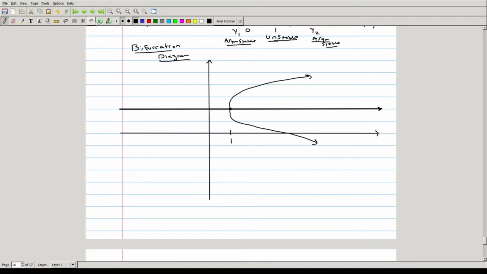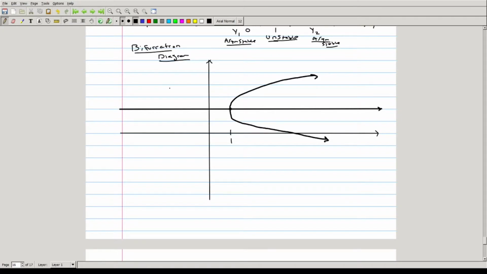Oh, and I should do those in bold so you really see this curve. And this is how the pitchfork bifurcation gets its name, because this looks exactly like a pitchfork or a trident.